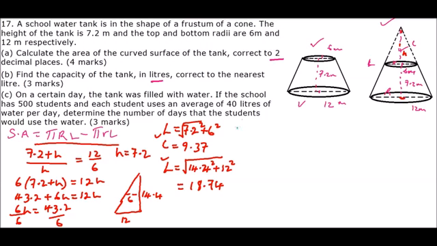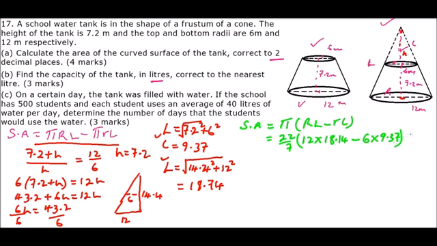The surface area of the frustum is equal to, we factor out pi, and we are left with capital R capital L minus small r small l, which is equal to 22/7 into bracket, the big R is 12 multiplied by 18.74, minus the small r, 6 multiplied by 9.37.